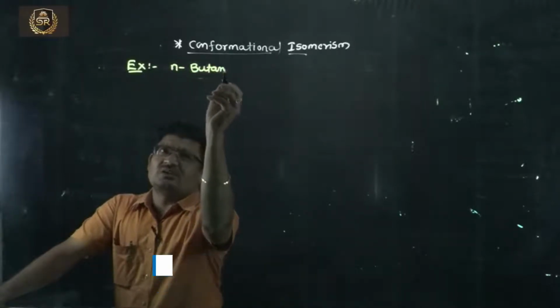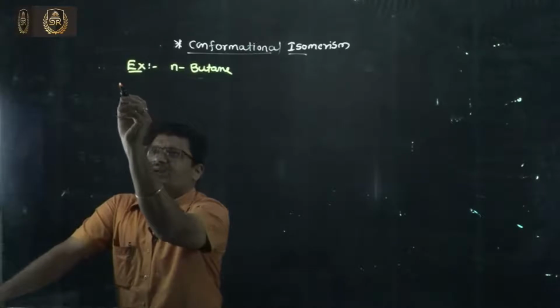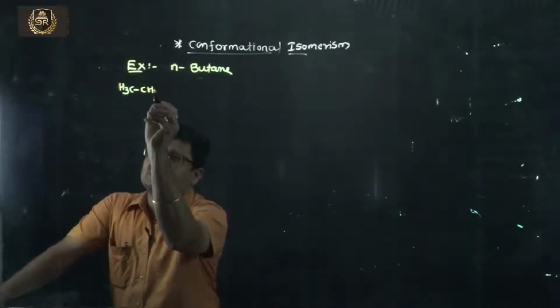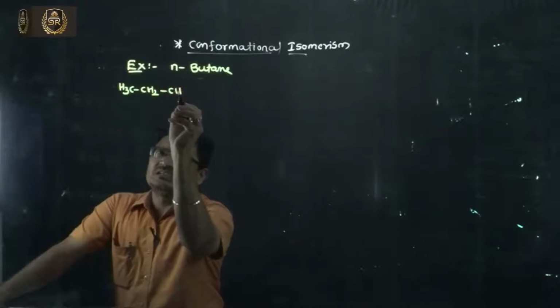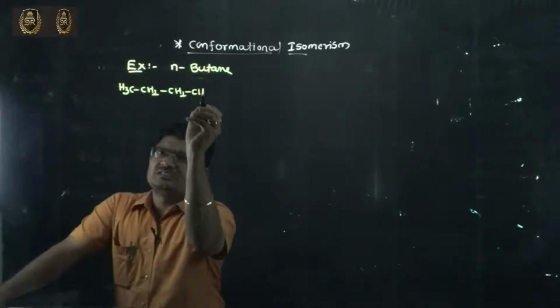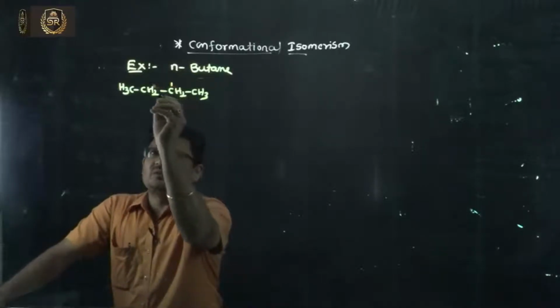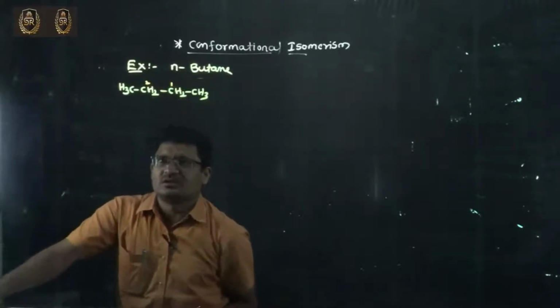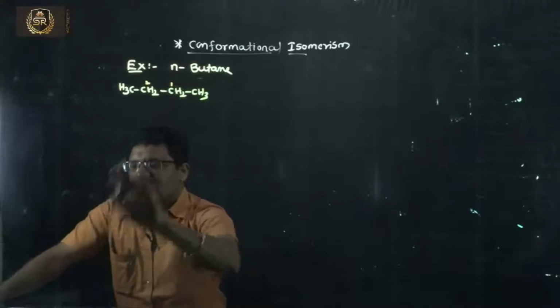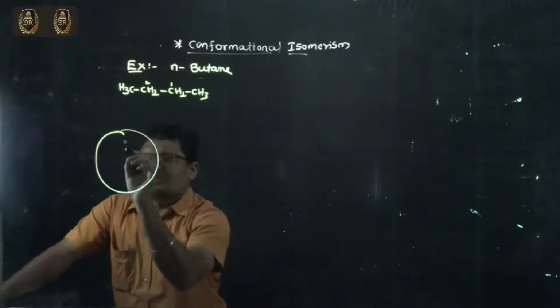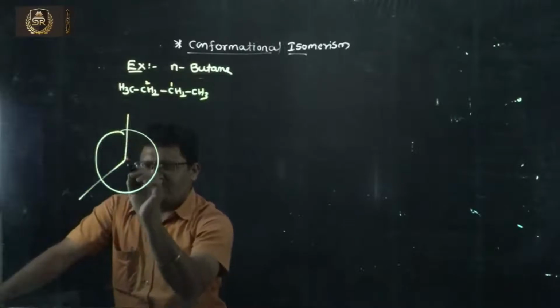The butane formula is like this: CH3, CH2, CH2, CH3. Now, this is the first carbon, this is the second carbon. These are the conformations of butane, shown in the Newman projection formula.